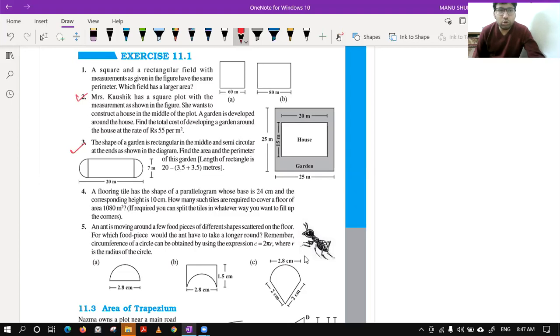As I told you, the main thing that you have to keep in mind is the diagram and the statement. If you write the statement in these questions, then putting the formula will be very easy for you. Let's see question number 4 first.